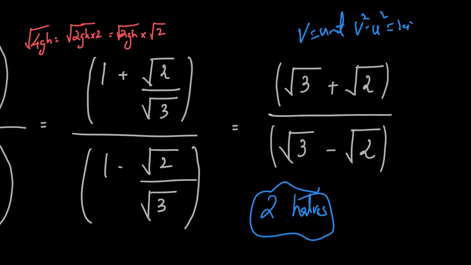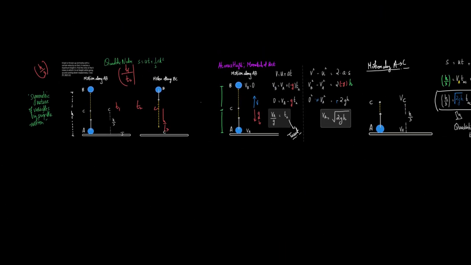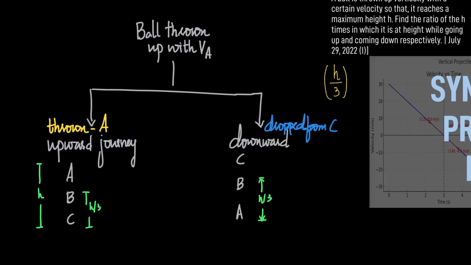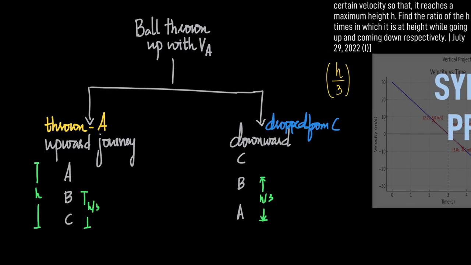So yes, this is what I want you to write down. Now what we'll do is divide the motion of the ball thrown up with velocity VA into two halves: thrown from A, covering the points A, B, and C in order, where B is at a height h by 3 from the ground.